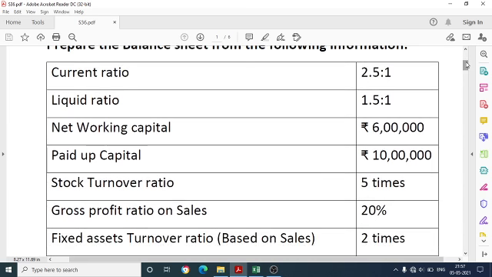The formula should be very clear, and you should have some kind of logic about which ratio will help in calculation of which value. Some kind of linkage should be made in the calculation, and getting the clues is very important. So ultimately, this is the concept of preparation of a balance sheet with the help of ratios. Kindly go through the solution once again.